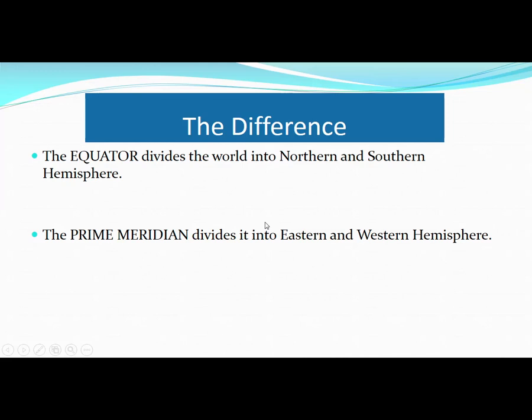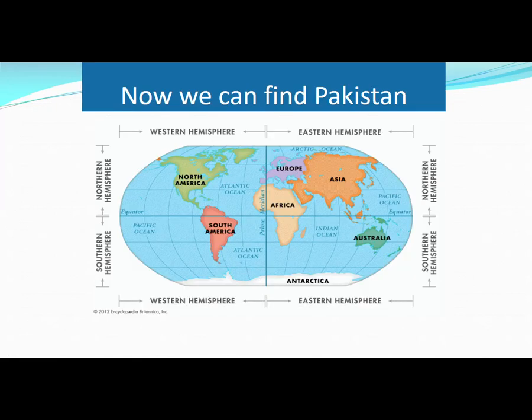Now see the difference between the equator and the meridian. The equator divides the world into northern and southern hemisphere, and the prime meridian divides it into eastern and western hemisphere. So it's very easy how we can read the globe. Now we can find Pakistan easily.